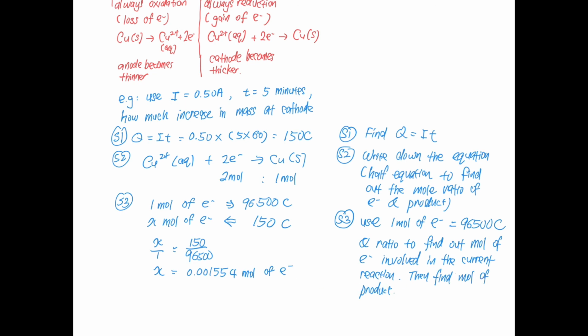We divide by 2 to find the number of mole of copper. So mole of Cu formed is equal to 0.001554 divided by 2, because the ratio there is divide by 2.